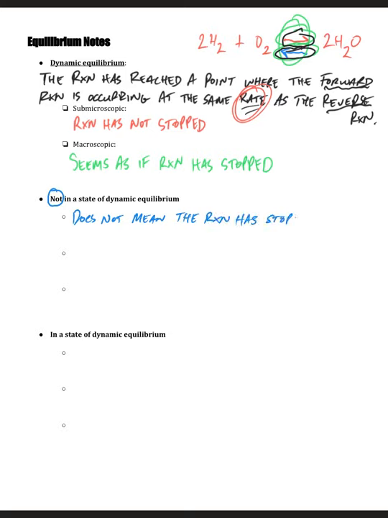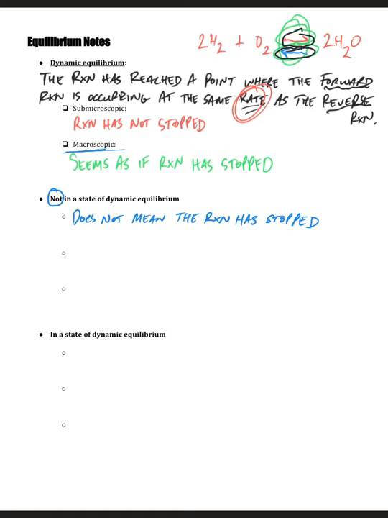And that's what we just talked about up above. It seems at the macroscopic level that the reaction has stopped, but in actuality, at the particle level, products are still making reactants and reactants are still making products. It just seems as if the reaction has stopped because the concentrations or amounts are not changing.